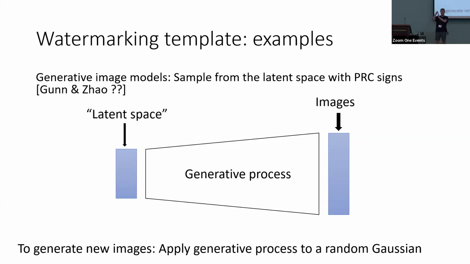Basically you put it in one of the quadrants that corresponds to the PRC codewords. Now if you do this, it's pseudo-random, indistinguishable from a Gaussian. But as long as you recover something with a correlation with your initial signs, then you can detect the watermark. Indeed, we tried this on Stable Diffusion and other modern models, and it works pretty much out of the box.